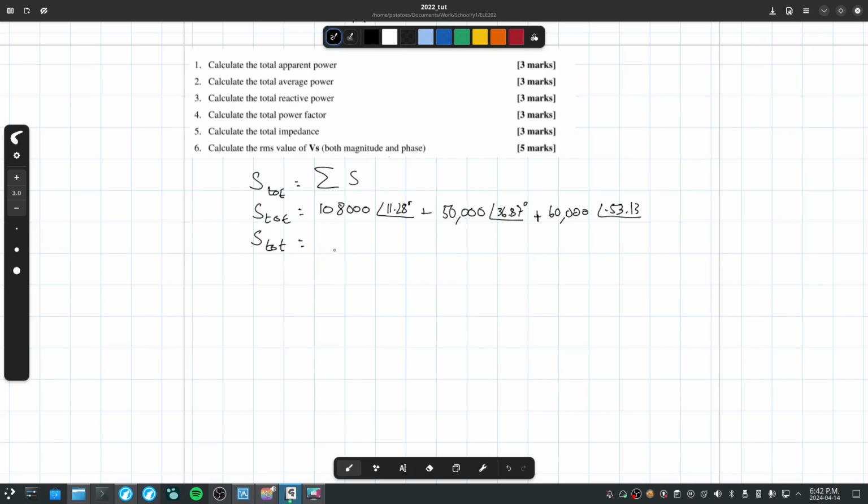You get a total of 181,940. There's going to be some rounding issues, but that's pretty much 182,000. With a phasor angle of... Did I put it in wrong? I did put it in wrong. One second.